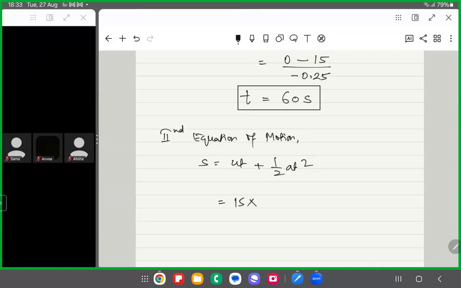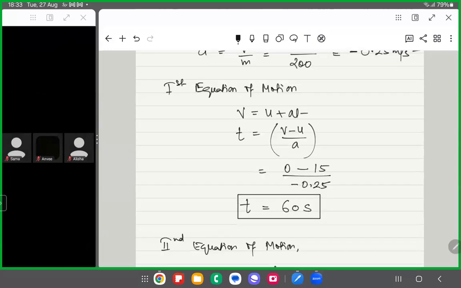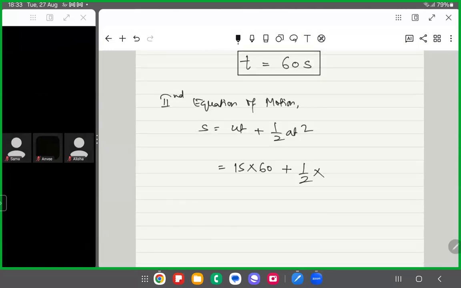Time we have already found in the previous part, 60 seconds, plus 1 by 2 into a. Acceleration is negative, that is minus 0.25 meter per second square into time 60 square, right? Now solve this. So this is 900 and this will become, yes, calculate this.